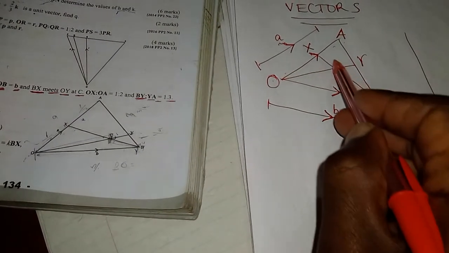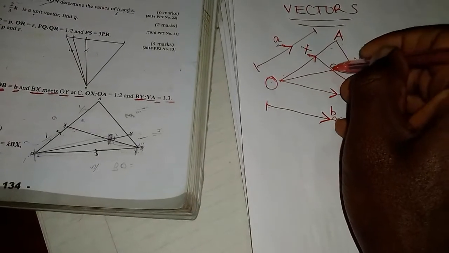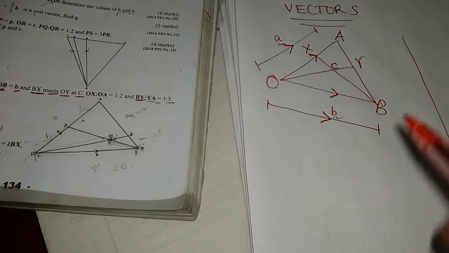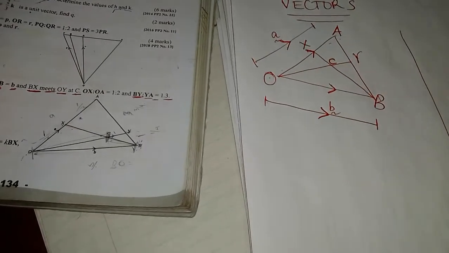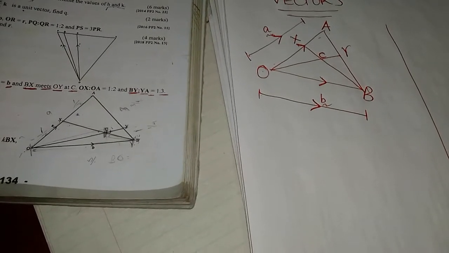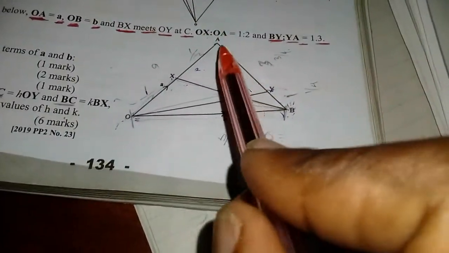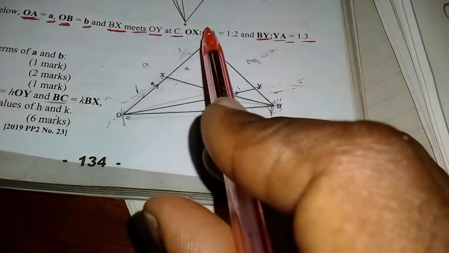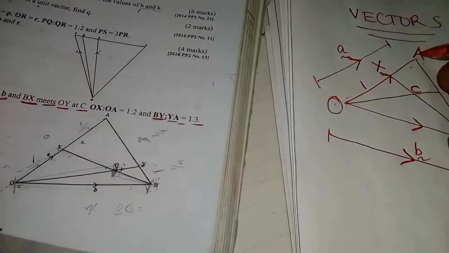So BX meets OY at C, at the center, roughly. And something else to add. They have told us that OX to OA is 1 to 2. Look at this. OX is 1, then OA, the whole of it.